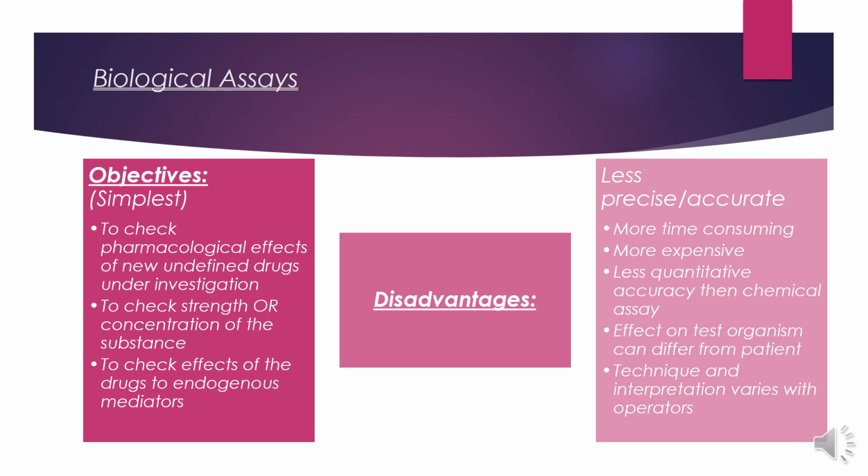That's why you have to use the same strain, same species, same gender to make this inaccuracy or lack of preciseness a bit less as compared to when you are using many species, many genders, many strains in the same test. So you have to use the same thing to make it a little bit more accurate.